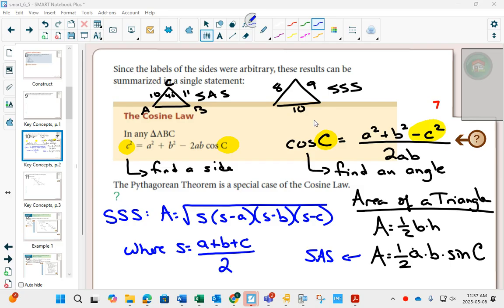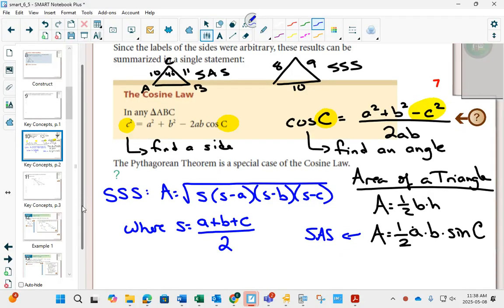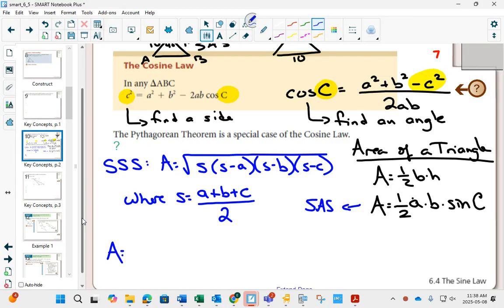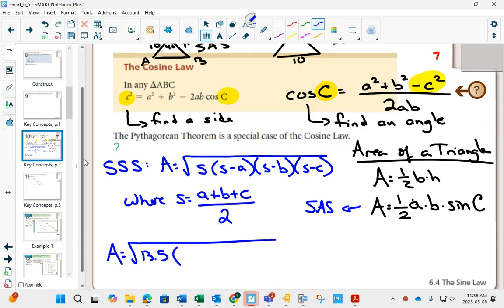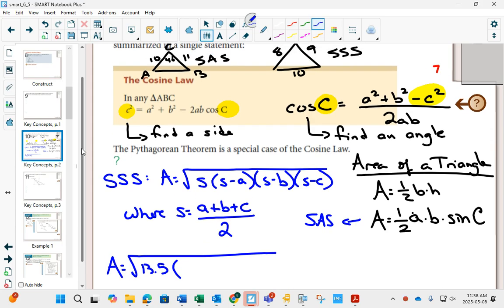So if I took the triangle that we have here, 8, 9, 10, and I add that up, I get 18 plus 9, 27. 27 divided by 2, my semi-perimeter would be 13.5. And so the area of that triangle would be 13.5 times by 13.5 minus 8, 5.5. 13.5 minus 9, 4.5. 13.5 minus 10, 3.5.